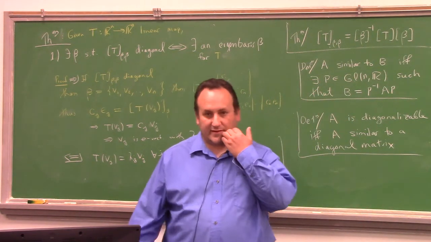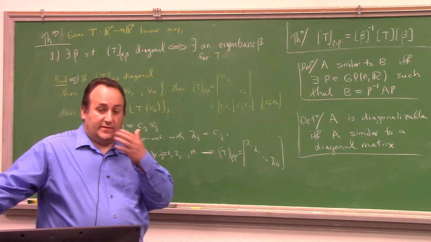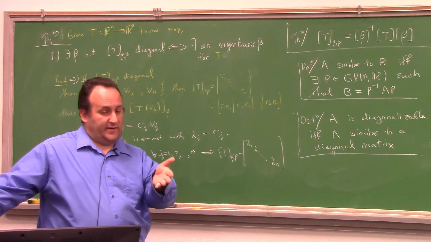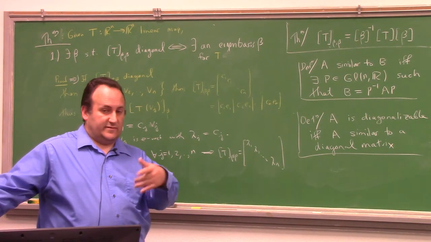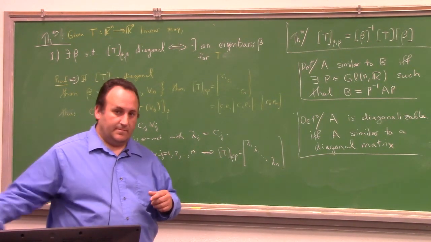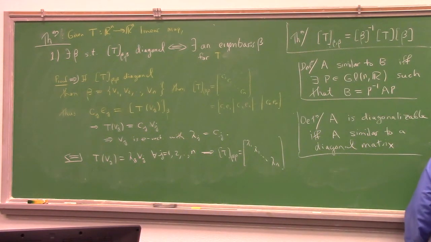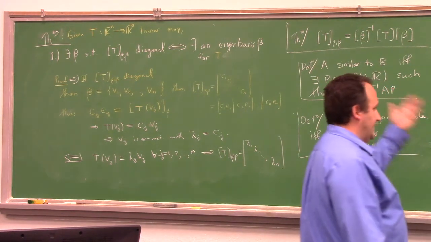What can you say about that? Do they span R3? They span R3, and in fact, it's a linearly independent spanning set. It's what we would call a basis for R3, right? In other words, this is an eigenbasis for A. What does that tell me?